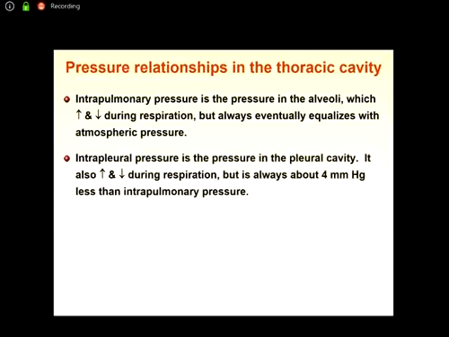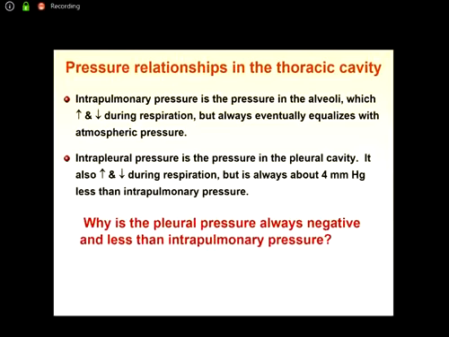The intrapleural pressure is the pressure in the pleural cavity, and it also goes up and down during respiration, but it's always about 4 millimeters of mercury less than intrapulmonary pressure, and we explain why that is.